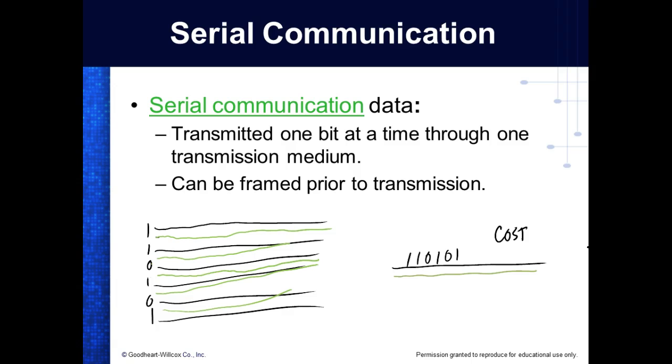It's one bit at a time through transmission. Usually we split it up into frames. It starts off with something called a header, and we have the data, and then we have what we call a trailer.